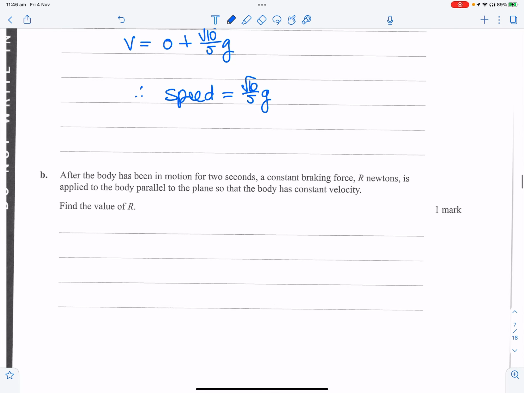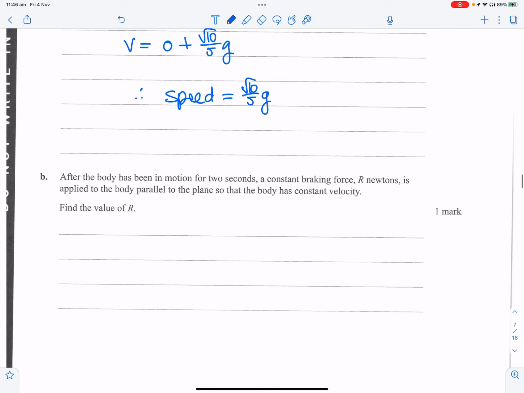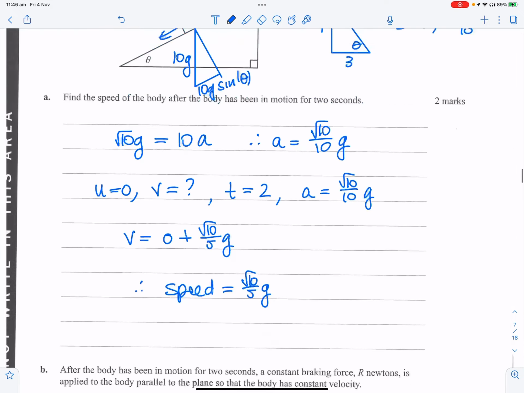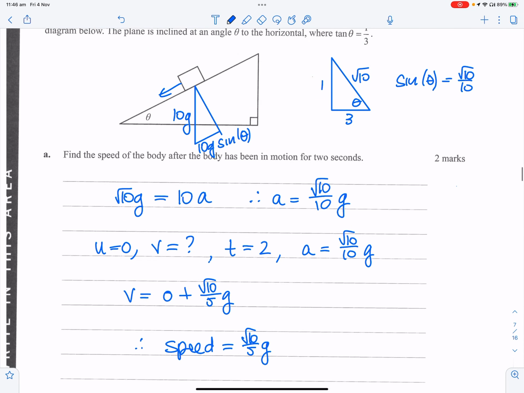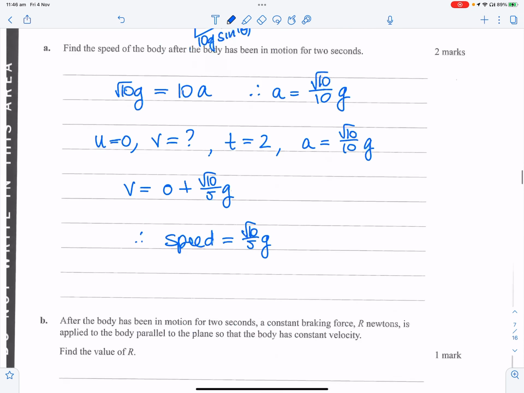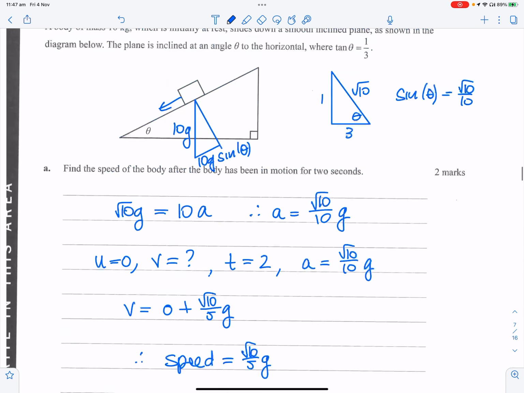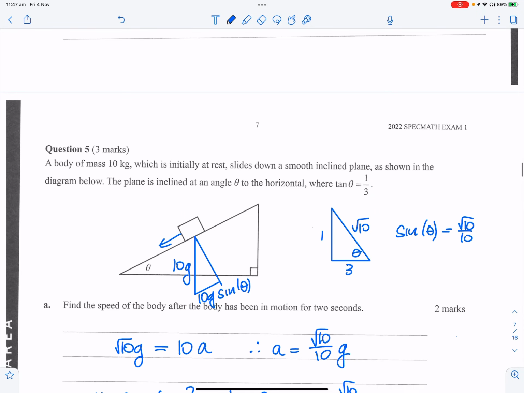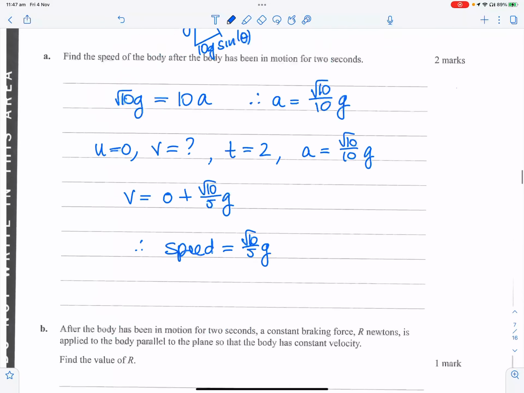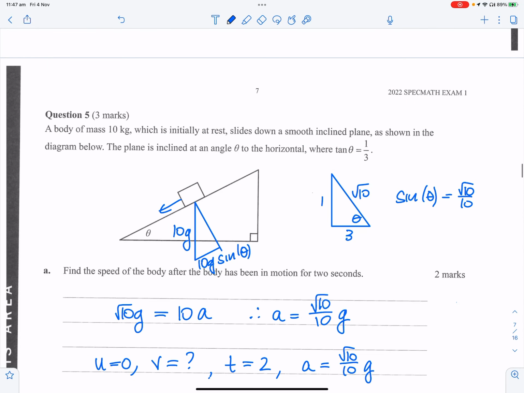Okay, our body's been in motion for 2 seconds. A constant braking force is applied parallel to the plane, so the body has a constant velocity. So our acceleration must be 0. So our force down the plane must be equal to our force up the plane.